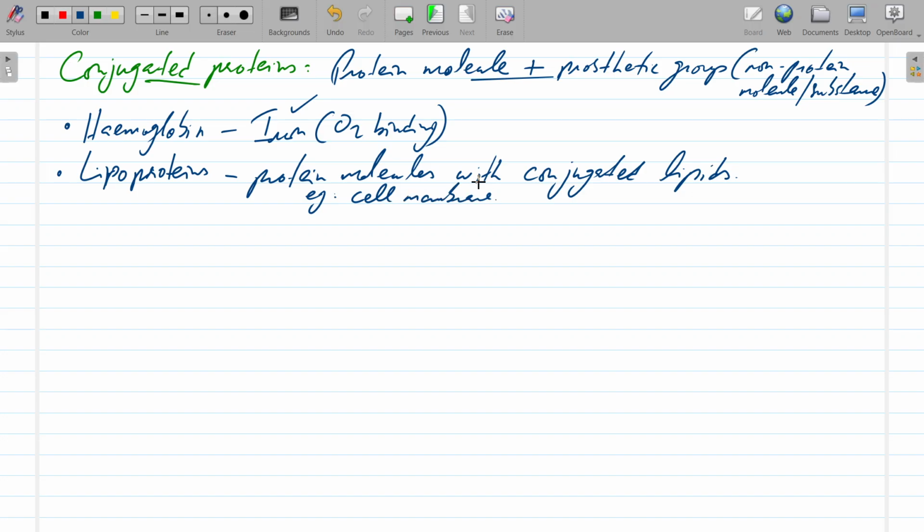They could be present as antigens, they could be present as receptors, or obviously they have some function. Another example of lipoproteins is the proteins present in the blood that transport cholesterol.